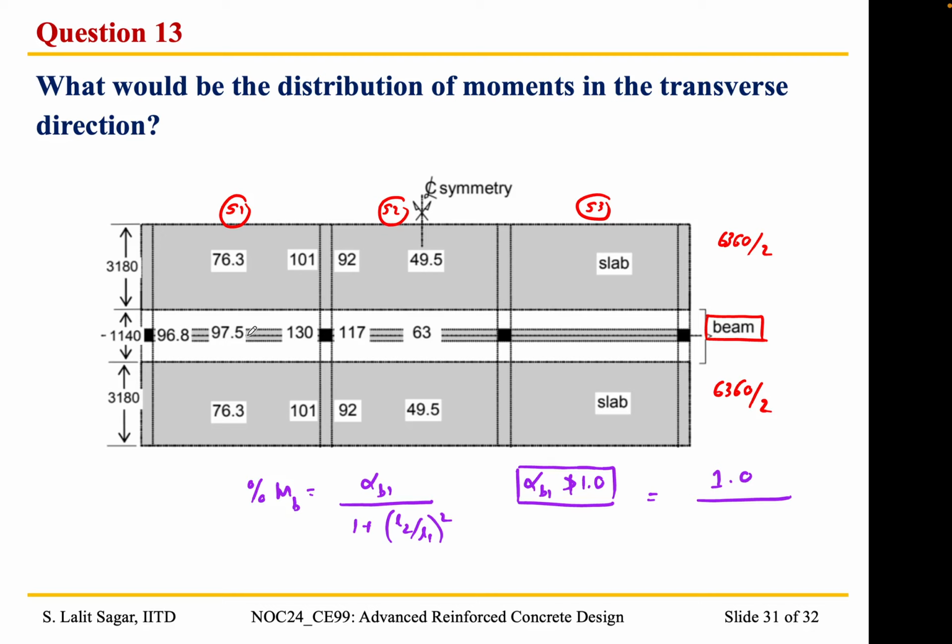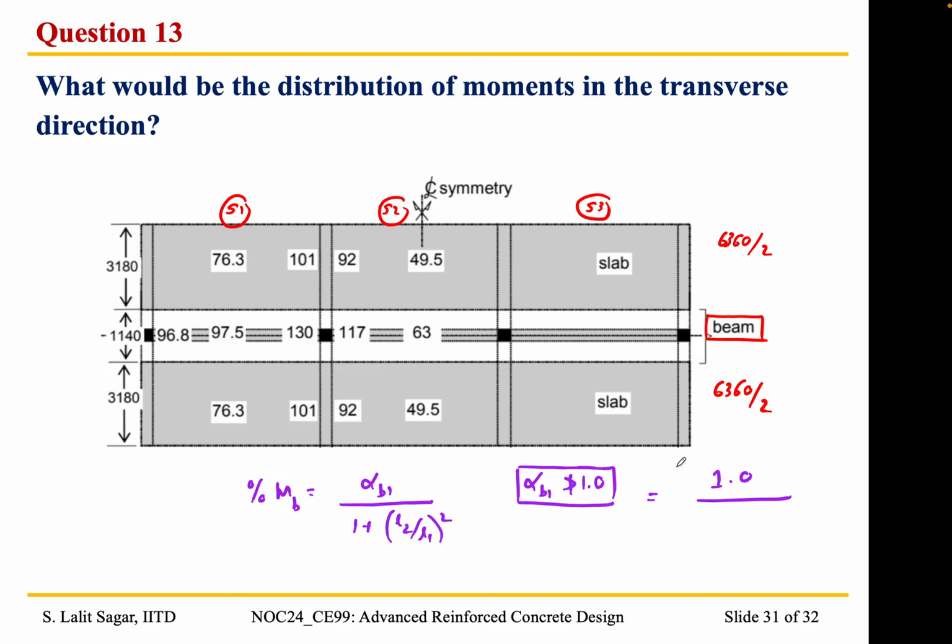Whenever it is sufficiently rigid, you will get above 1 only, but in case you're getting less than 1, then you have to take that particular value. Mostly this one only, not the other beams, but at least for this beam you have to check the value of alpha b. Okay, sir, thank you.